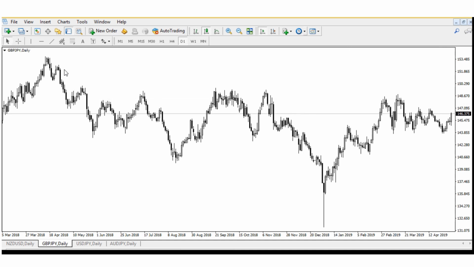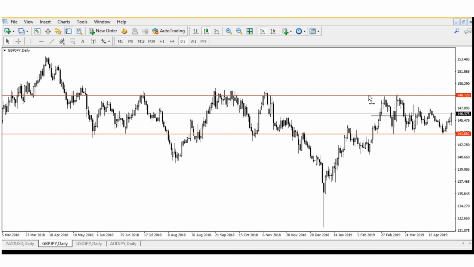This one has presented us with a descending triangle from the daily time frame. This is the descending triangle support, which is also long-term support. And this is a usual normal resistance level.